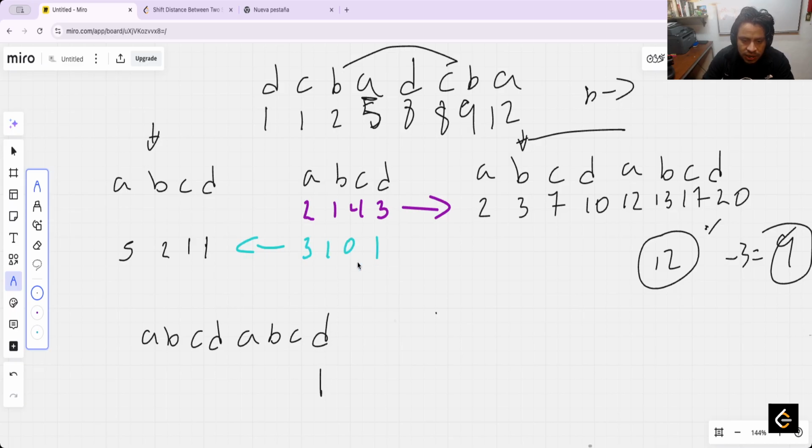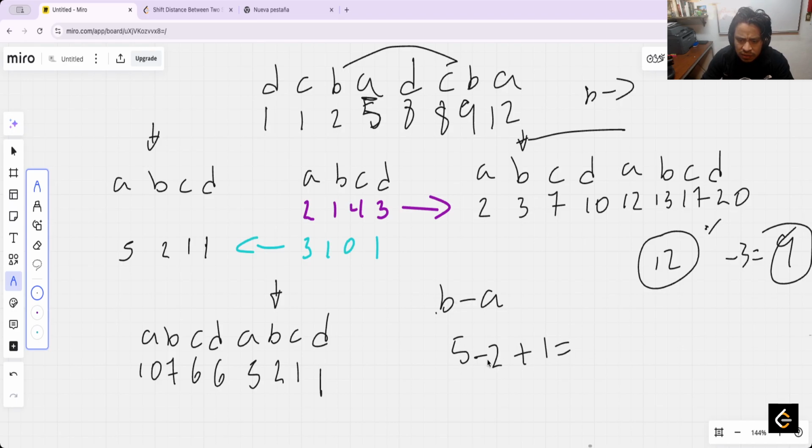Is, for example, 1, 1, 2, 5, 6, 6, 7, 10, and starting here, for example, if I want to move between B to A, is here. To 8 is 5 less 2 plus 1. 5 less 2 is 3 plus 4.